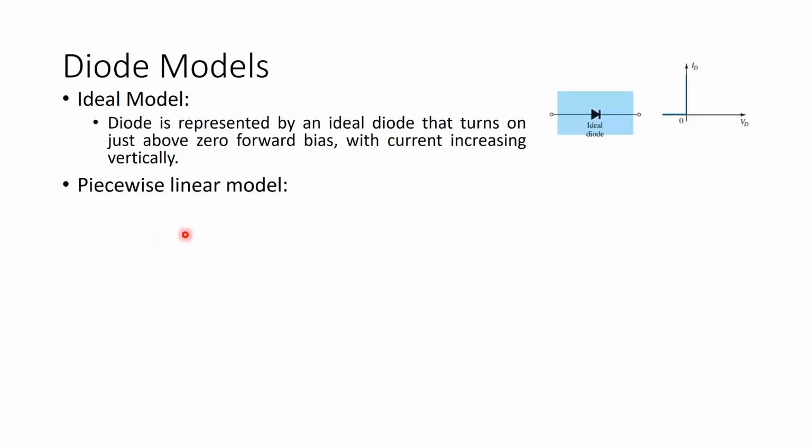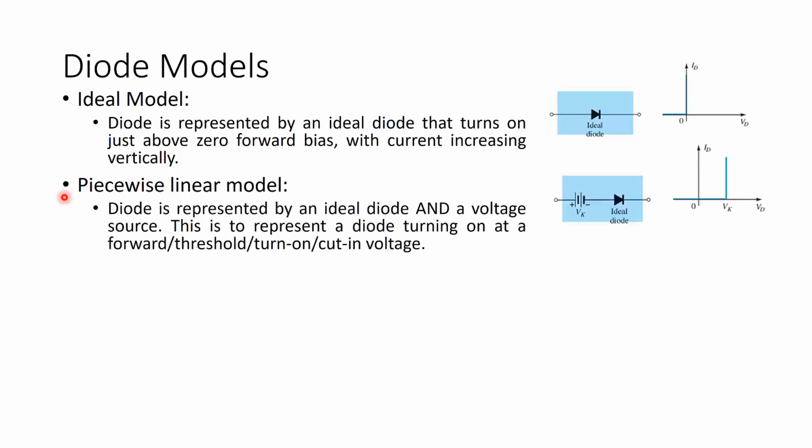So another model that we will use is called the piecewise linear model. In this case, the diode is represented by an ideal diode and a voltage source. So when there is an actual diode, it is represented by an ideal diode and a voltage source. The reason for this voltage source is to represent a diode turning on at a threshold voltage. Some books call it forward voltage, some call it threshold voltage, and some call it cut-in voltage.